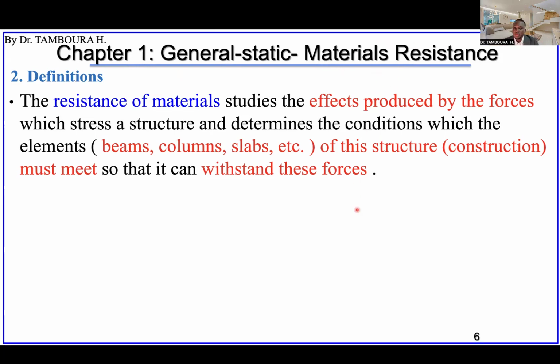It is the study of the effect of the forces that are acting on our structure or on an element of our structure, beams, columns, slab, or any other, and it investigates what the requirements are for this element so that it can support these forces coming on it.